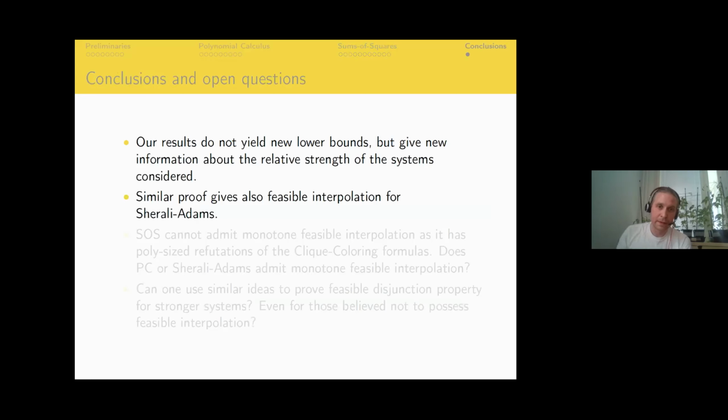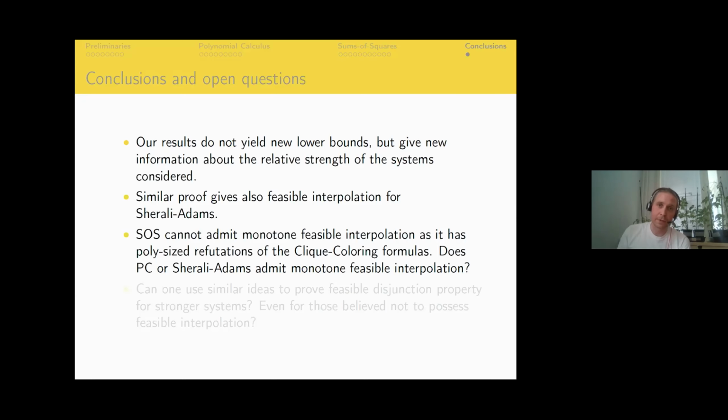And I just want to mention that a similar proof also gives feasible interpolation for Sherali-Adams, but that would be maybe too much of a repetition to give the details here. Okay.